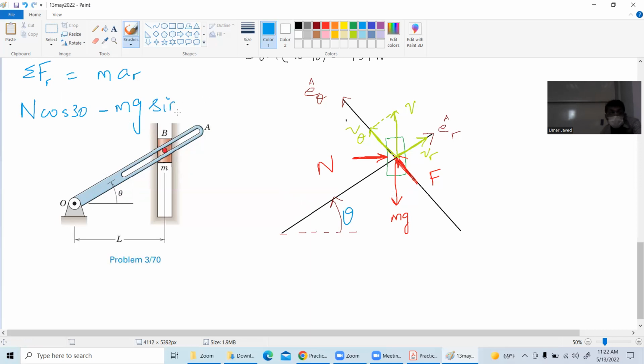Everyone understands how he figured that out? Okay, is equal to m multiplied by a_r. Hocam, can we write instead of a_r, a sin theta? So what is a?